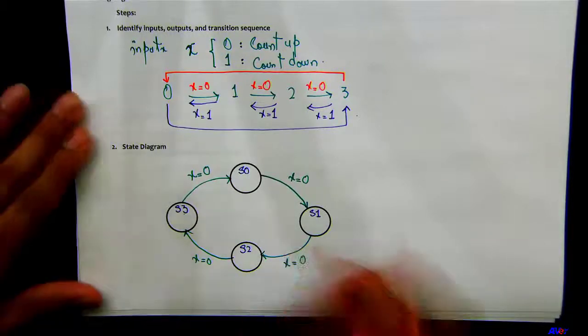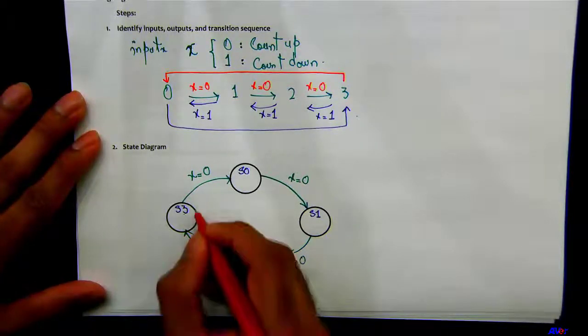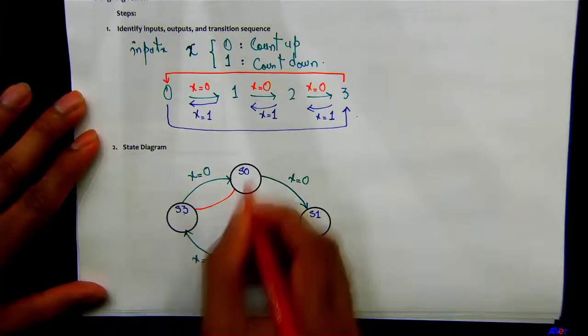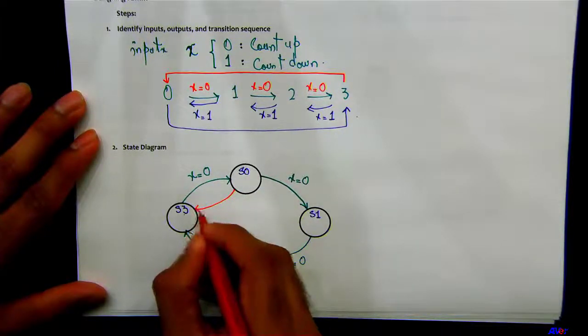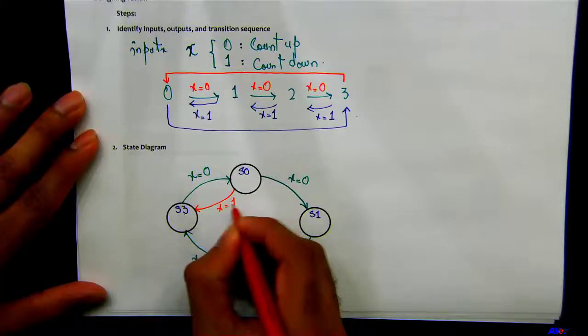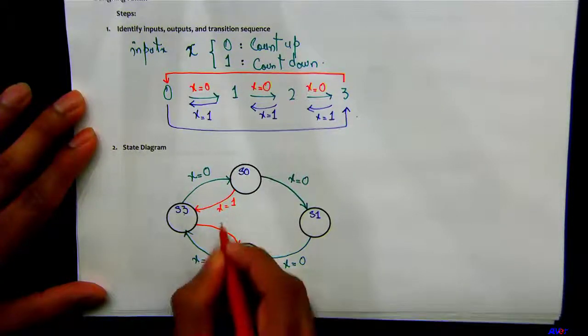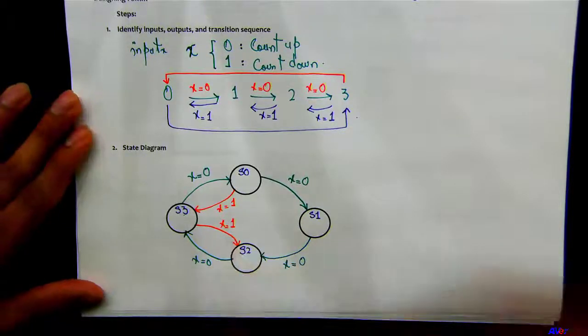For countdown, if the present state is S0, counting down, it's going to go to S3, X equals 1. Similarly, follow along and finish this.